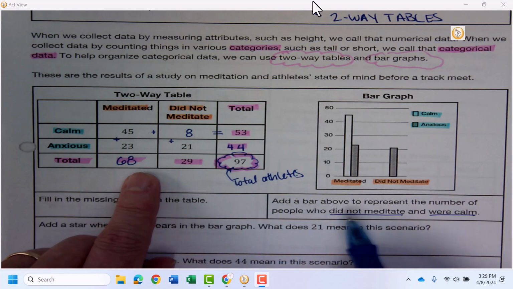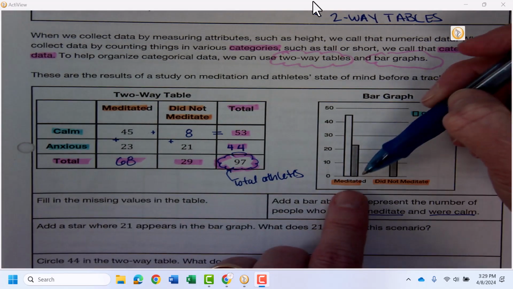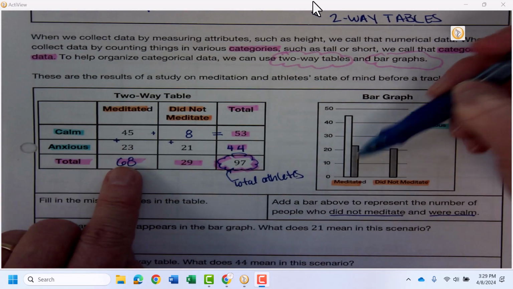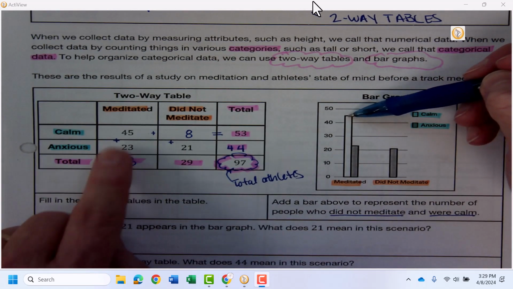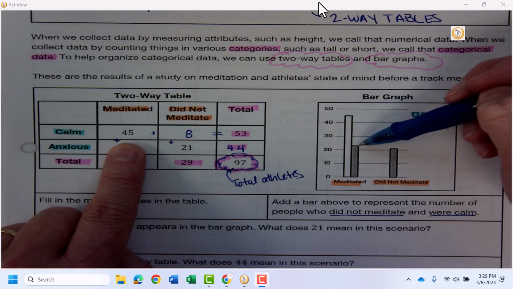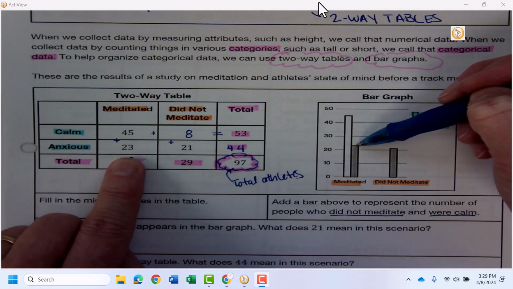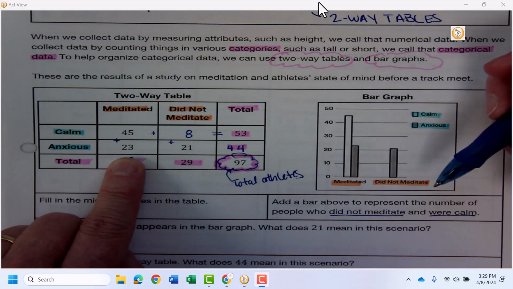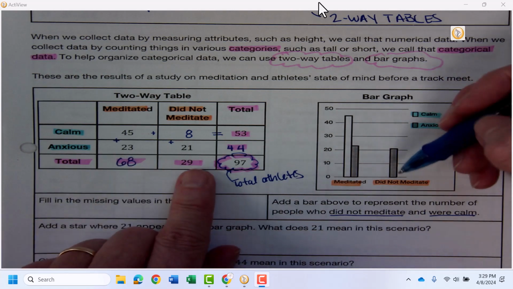We'll come back to this in just a moment, but let me just show you. Here's the ones that meditated. And you can see that 45 of them were calm, that's the empty bar, and 23 of them were anxious, that's the shaded bar. These were both people who meditated. So we're going to do the same thing for did not meditate.